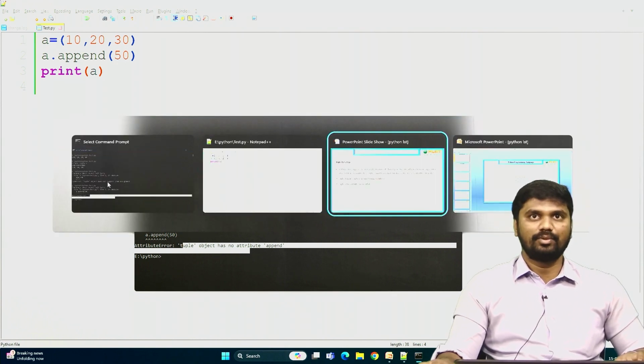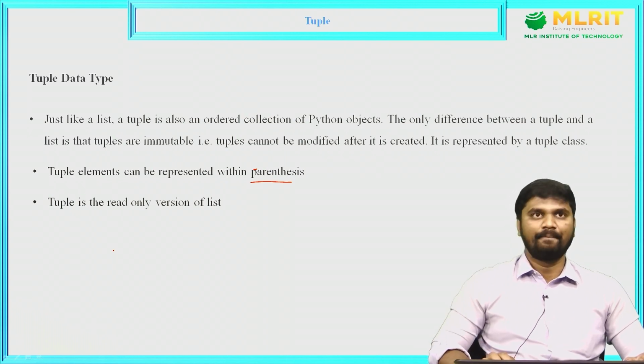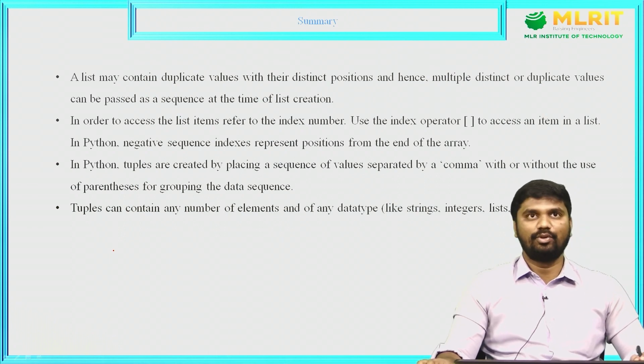So this is about list and tuple. Even in a tuple we can access the values by using the index number. If you want to access all values at a time, then use a for loop. Next, today's summary: a list may contain duplicate values with their positions, that is, with their index numbers.